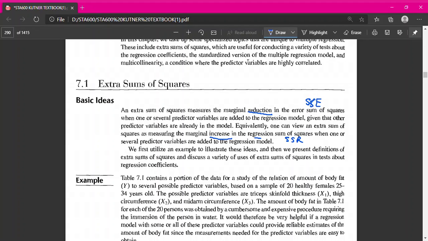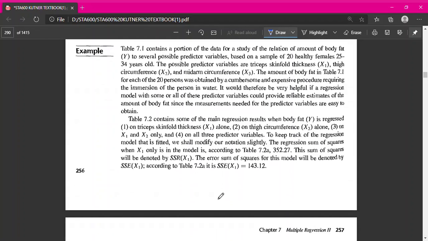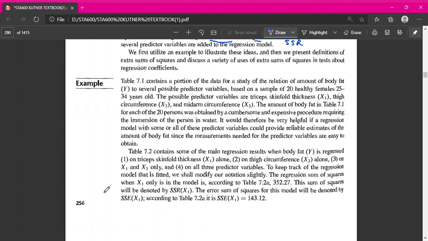Okay, so ada dua lah. Kalau you nak interpret on the extra sum of square pun, you can interpret on how many dia punya reduction in SSE ataupun increase in SSR. Okay, so we look at the example and the formula how to get the extra sum of square.